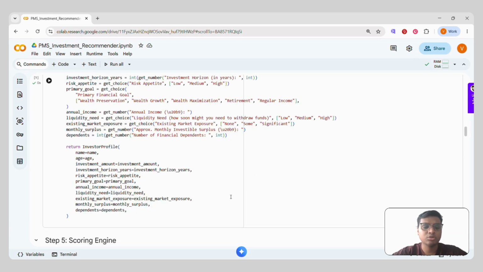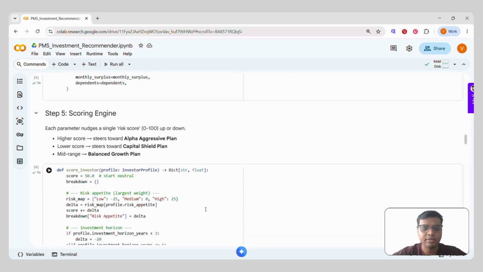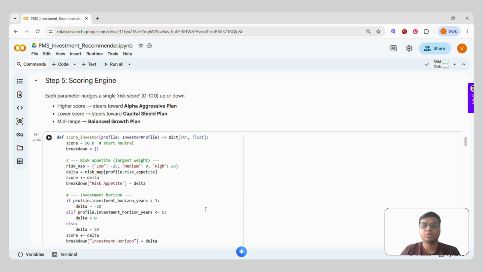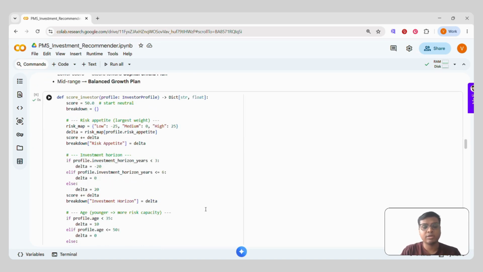Then we move into the scoring engine, and this is one of the most interesting things. Based on whatever inputs you are getting, ideally this is something that happens at a human level, where a decision gets made that if they fall in this criteria, then let us pitch them this particular portfolio. But over here, based on these multiple parameters, this system scores within seconds and gives the output to you.